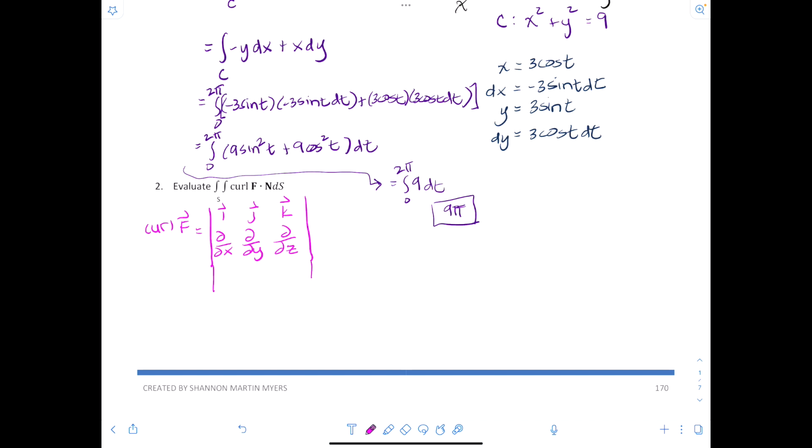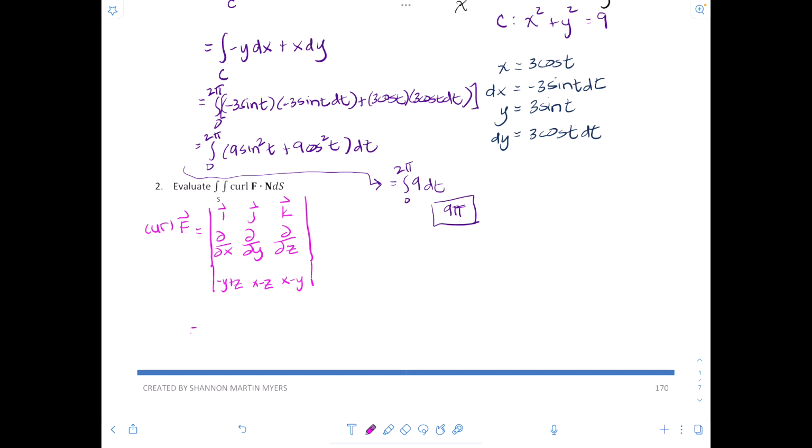That is −y + z for my M, my N is x − z, and my P is x − y. So I need to find the determinant of all that.